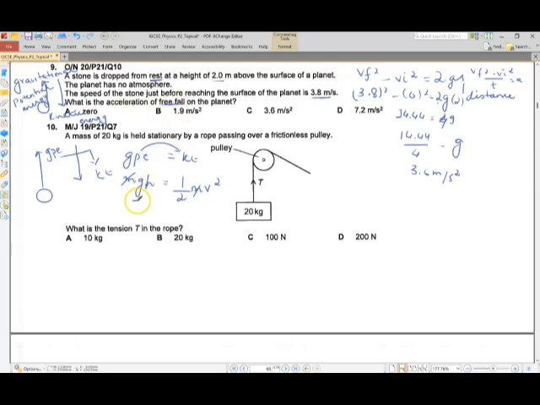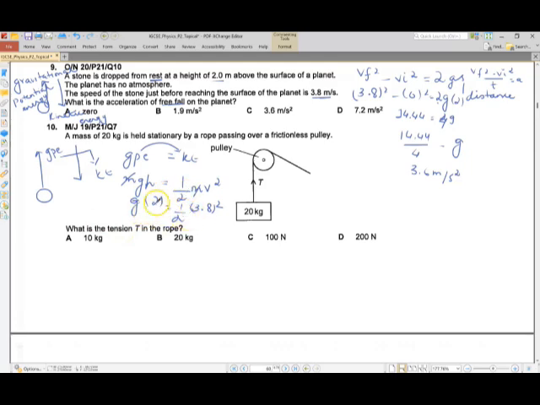Now we have to find the acceleration of free fall, that is g. We have been given the height, that is 2 meters. Then we have the velocity given here, which is 3.8 meter per second. If we put this over here, we can easily find the gravitational force.